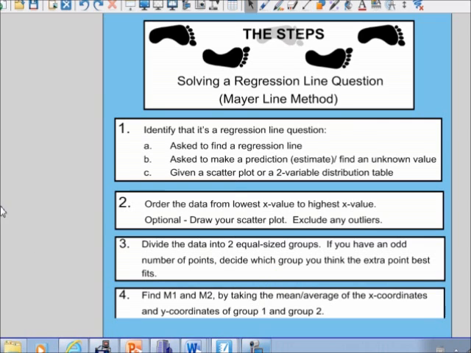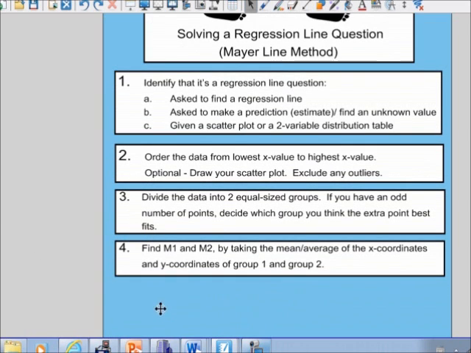So once we have it in two groups, we're going to find two new points called M1 and M2. We're going to do that by finding the mean, or the average, x-coordinate and y-coordinate. So to find M1, we look at what is my average x-coordinate for all my points in my first group. That average value will be my x-coordinate for M1.